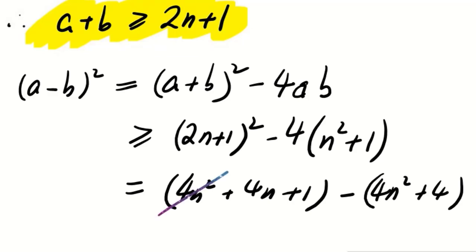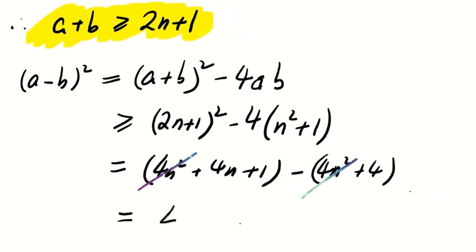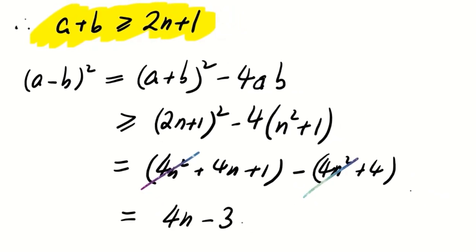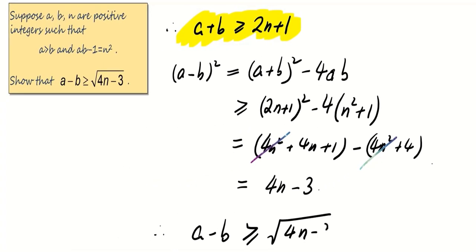Then we know that the term 4n squared will be cancelled off. And now we're left with 4n minus 3. And therefore, a minus b is greater than or equal to square root of 4n minus 3, because in this case, a is greater than b.